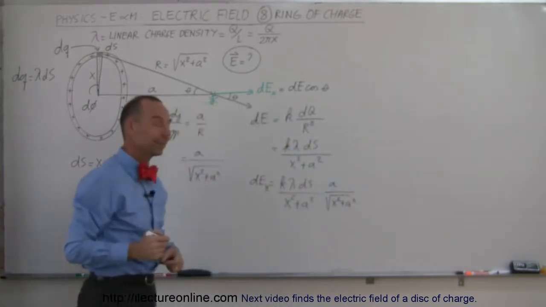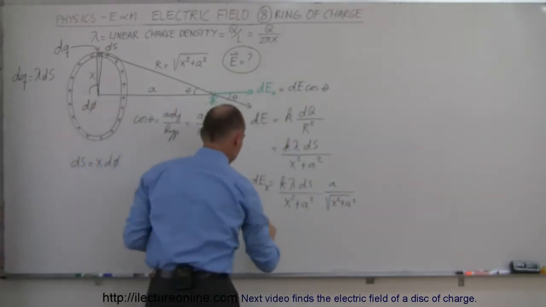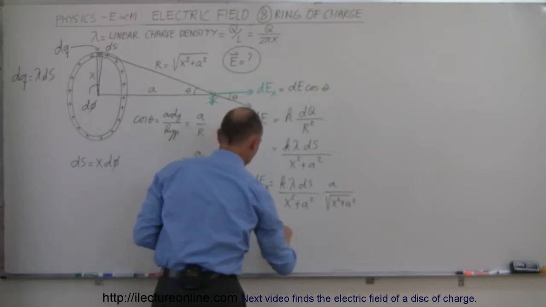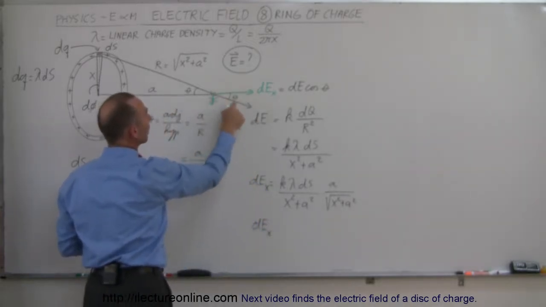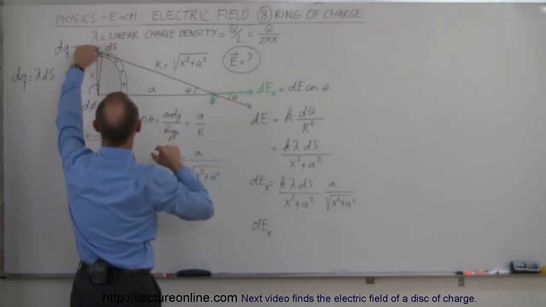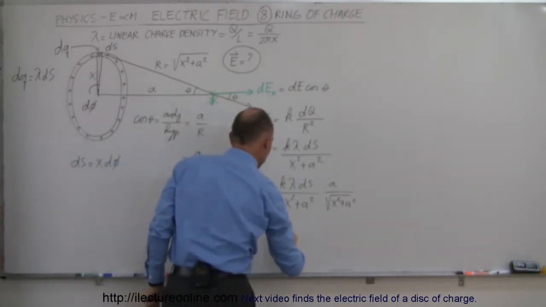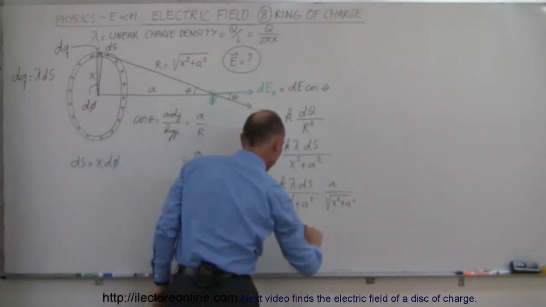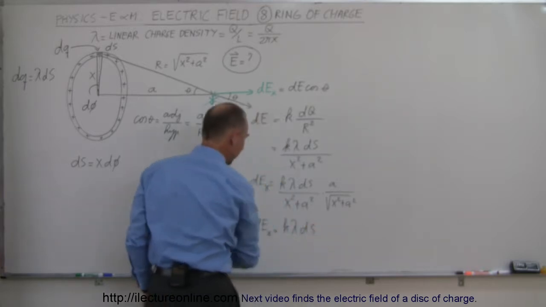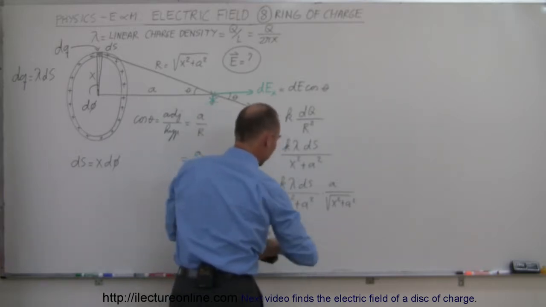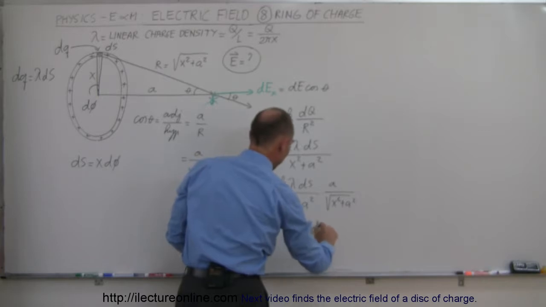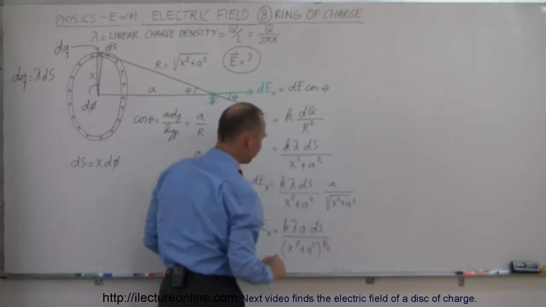If I multiply that together, I get dEx, the horizontal component of the electric field at this location caused by a small line segment, equal to k lambda ds. Oh, don't forget the a. A times ds divided by the quantity x squared plus a squared to the 3/2 power.